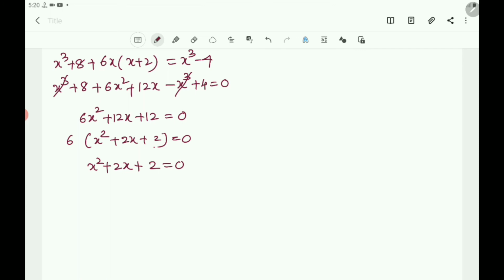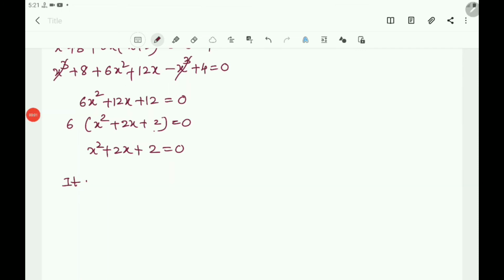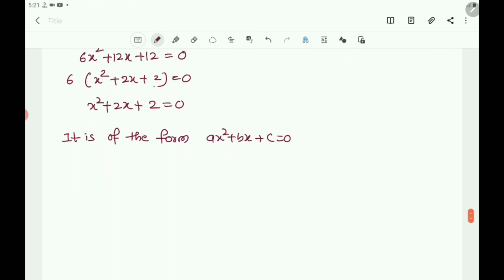So you got the equation x square plus 2x plus 2 equals 0, which is in the form of ax square plus bx plus c equals 0. So you can write, it is of the form ax square plus bx plus c equals 0.